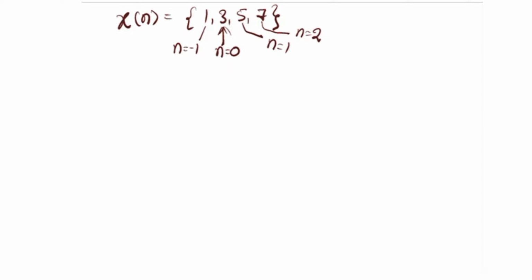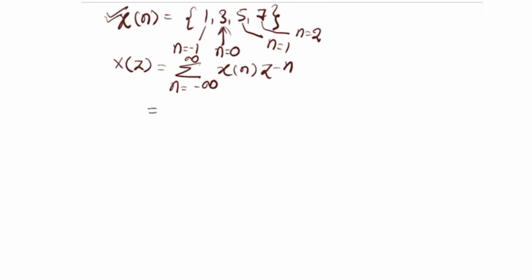Now we are supposed to find the Z transform for this signal. So the Z transform will be calculated by summation from n equals minus infinity to plus infinity of x[n] z to the power minus n.